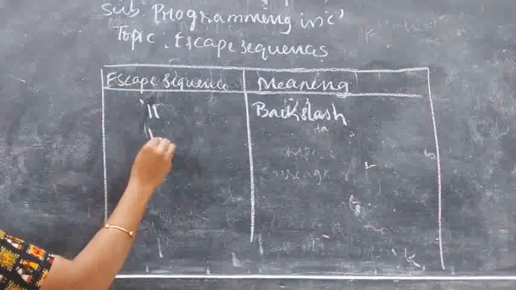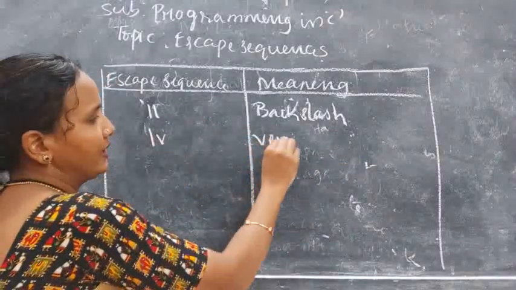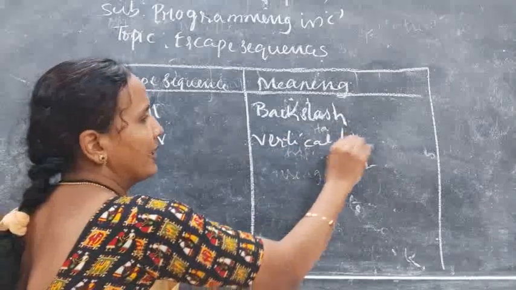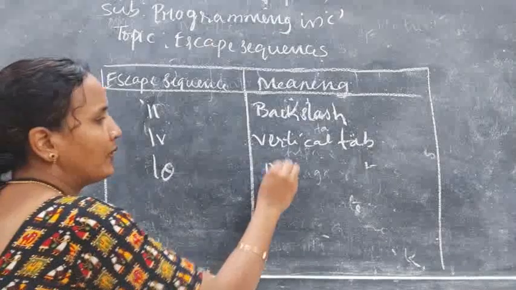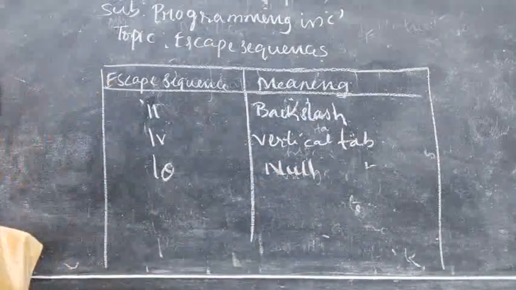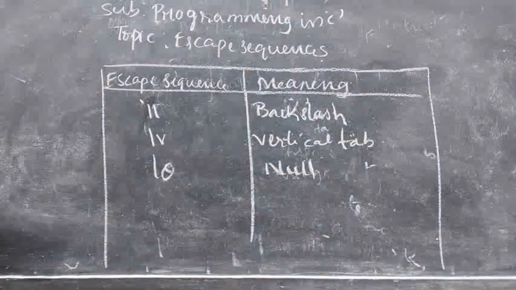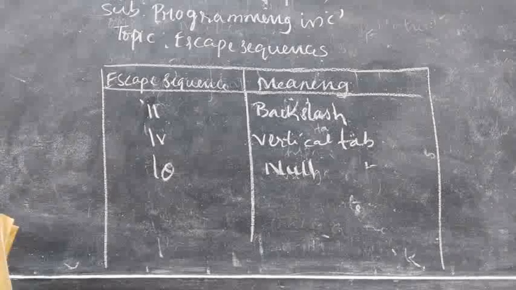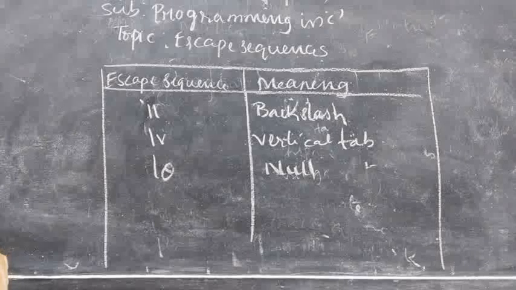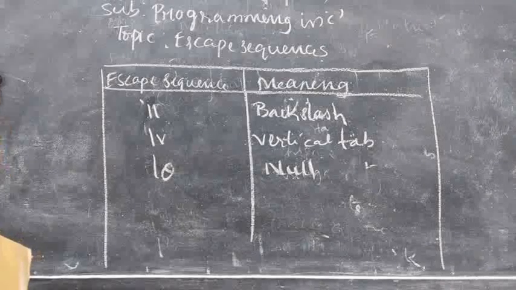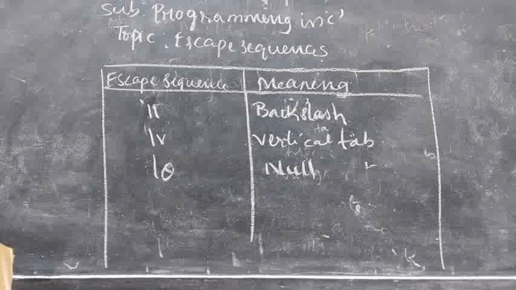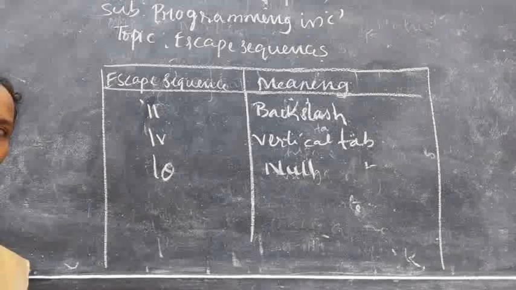Backslash v is for a vertical tab, and backslash 0 is for null. So these are the escape sequences: new line, horizontal tab, backspace, carriage return, single quote, double quote, question mark, backslash, and vertical tab.